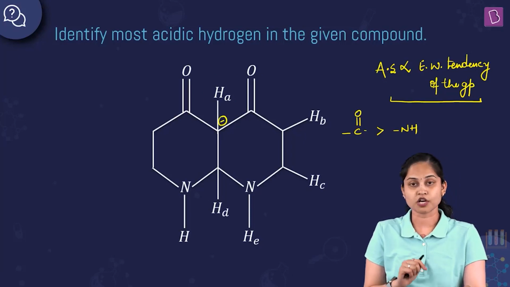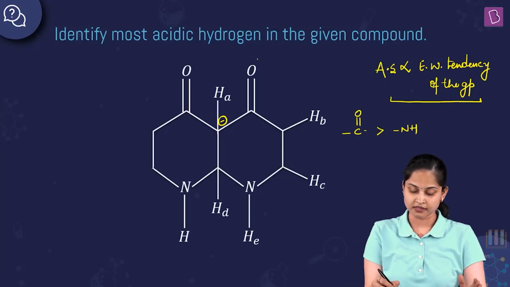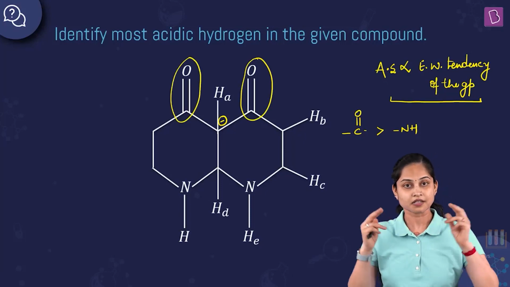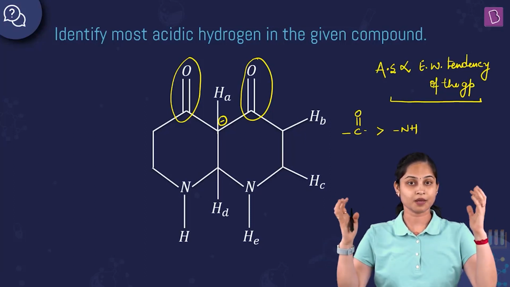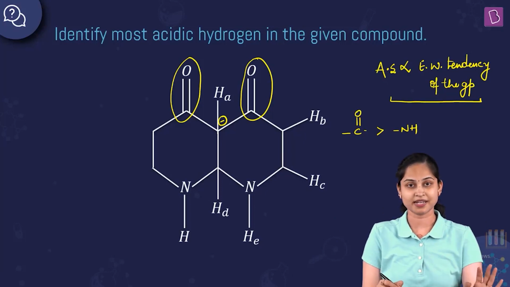This negative charge has on both the sides the electron withdrawing group C double bond O group. Now these C double bond O groups have higher electron withdrawing capacity. Moreover, this negative charge will be stabilized by resonance also.